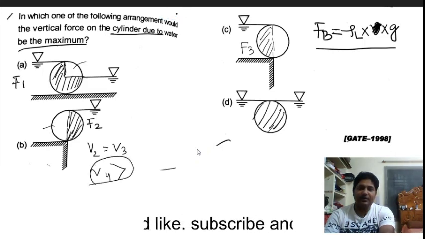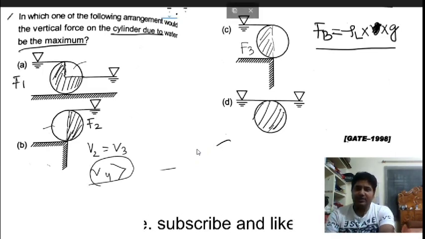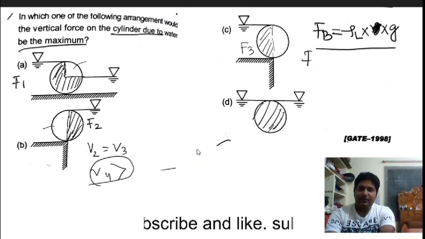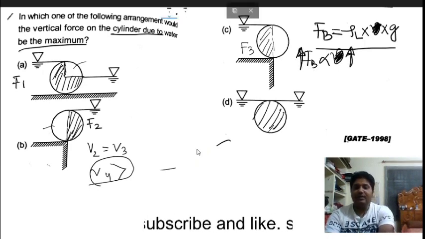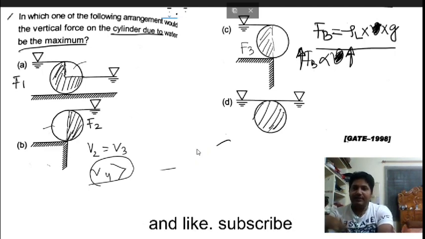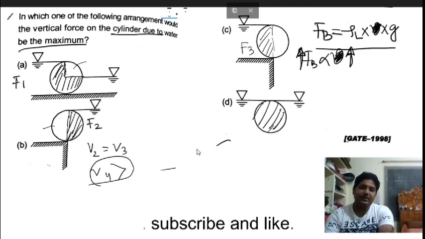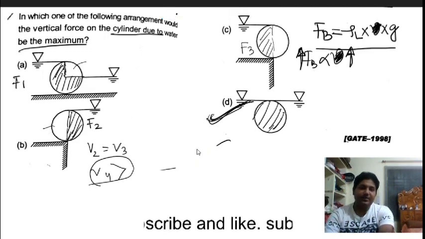If the volume of submergence is more, then, since the force of buoyancy is directly proportional to the volume of submergence, the buoyancy force will be more. If the body is completely submerged, the buoyancy force will be more. That is what I am saying. So this is the correct answer.